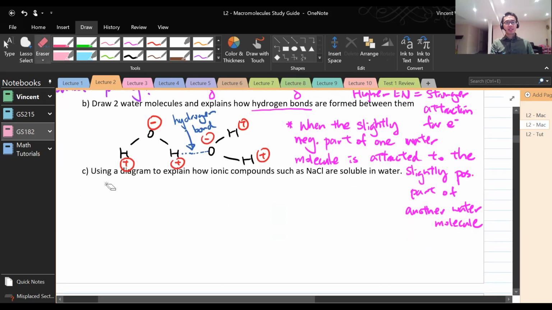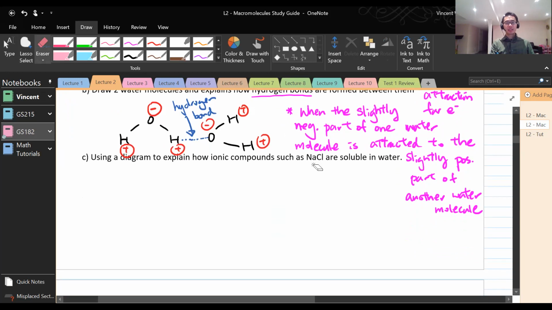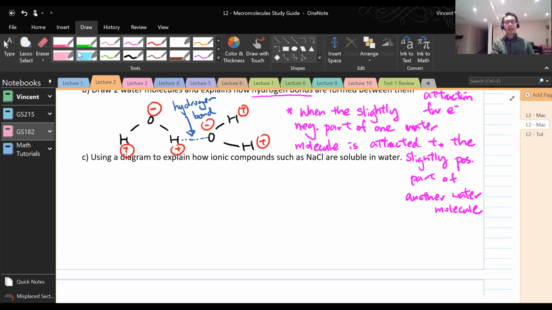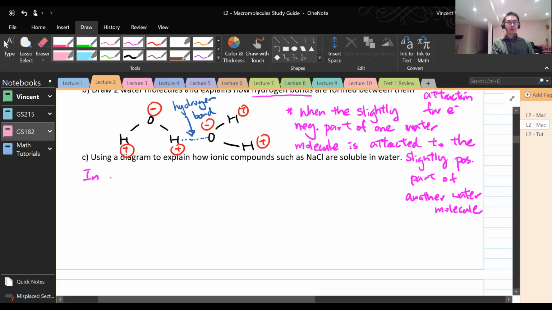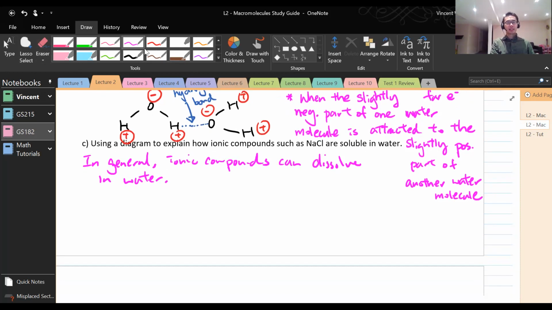Let's move on. Using a diagram, explain how ionic compounds such as NaCl are soluble in water. NaCl, as I mentioned earlier, the Na is a metal and the chlorine is a non-metal, so it forms an ionic compound. In general, ionic compounds can dissolve in water. How much you can dissolve varies, but generally you can dissolve some of it.